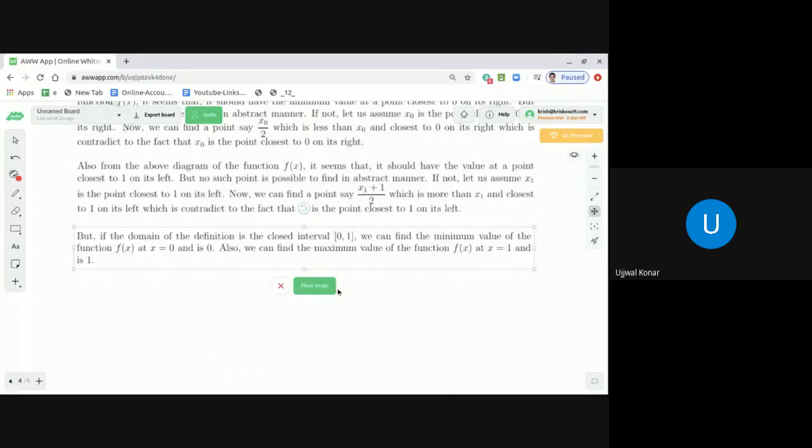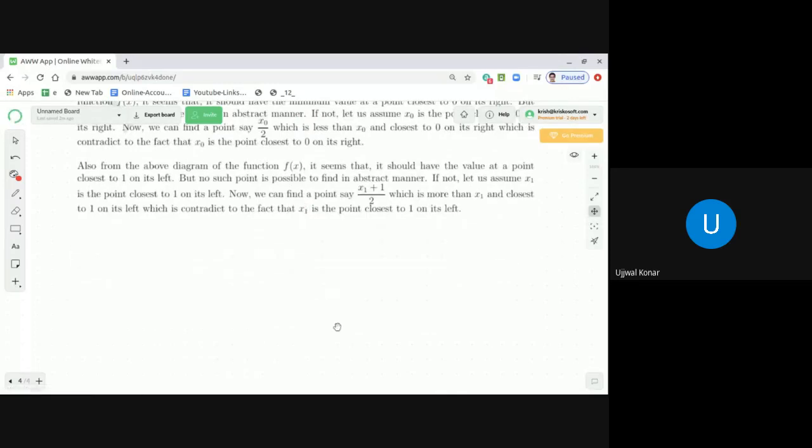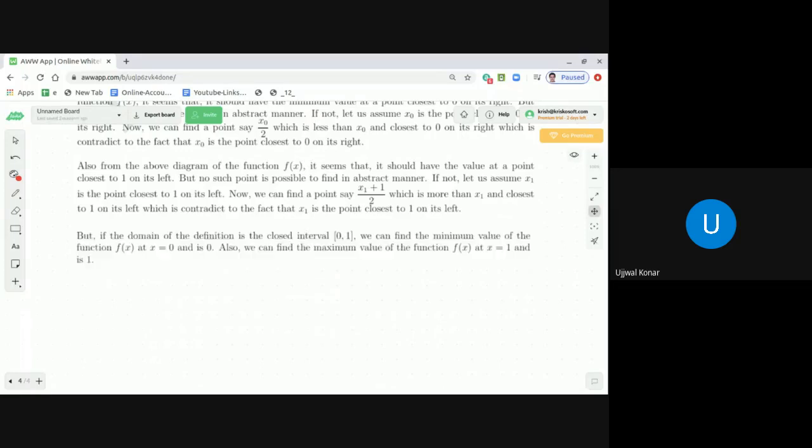but if the domain of definition is the closed interval [0, 1], we can find the minimum value of the function f(x) at x equal to 0, and it is 0. Also, we can find the maximum value of the function f(x) at x equal to 1, which is 1, when the domain of definition is the closed interval.